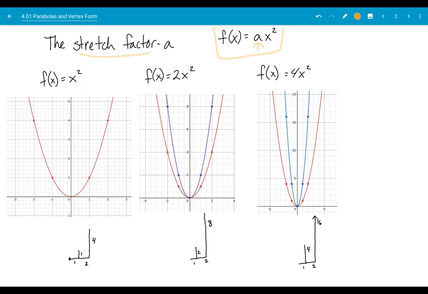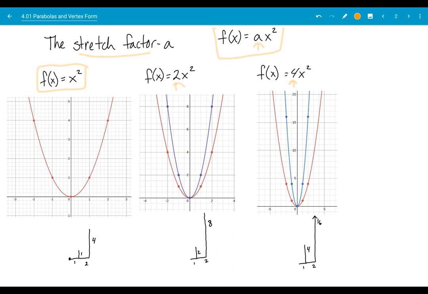Now, if I am comparing, I always compare to that parent function, the x squared. So when I add the 2 or the 4 here, I'm comparing it to the original. The red parabola in my picture stays the same in all of these. It looks like it gets stretched out, but really you can see that the numbering is much higher in order to accommodate the steeper parabolas.